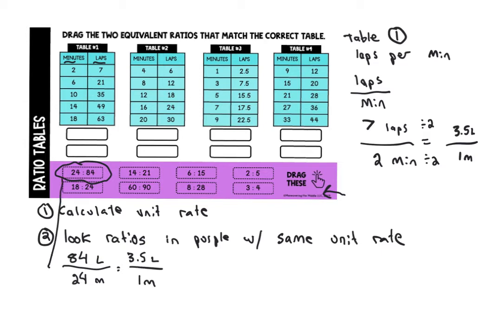We're looking for 3.5 laps per 1 minute. So I would drag this one and put it right there. So 24 minutes per 84 laps fits.